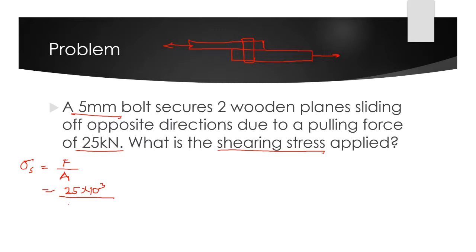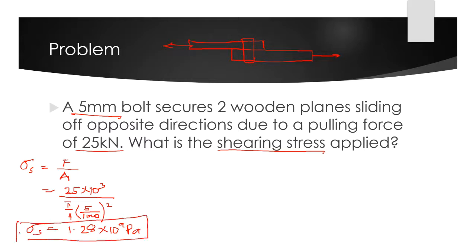So that is pi over 4 of 5 over 1000 squared. So the stress here is basically equivalent to 1.28 times 10 raised to 9 Pascal or gigapascal. Okay, so this is now our final answer.